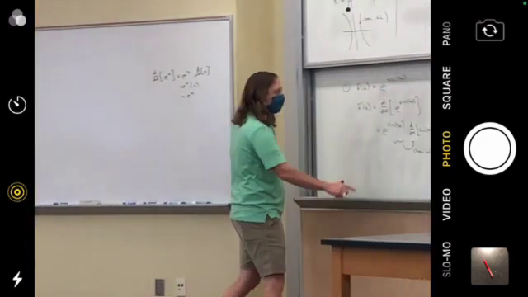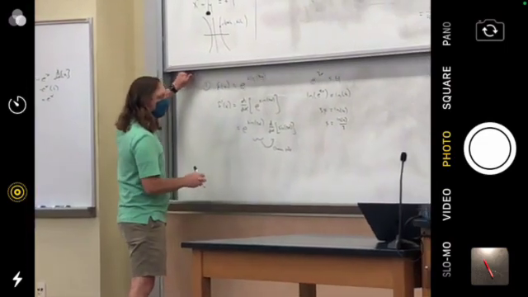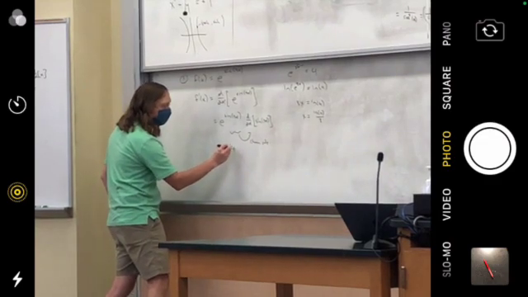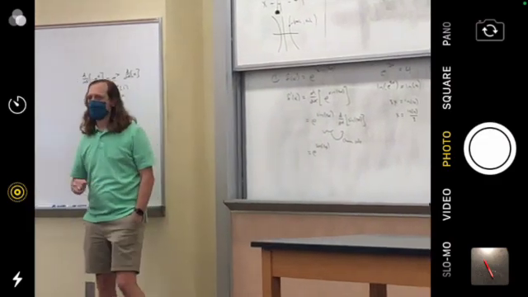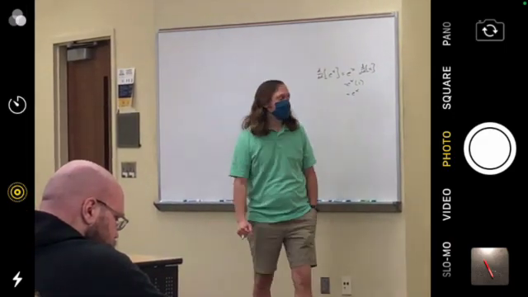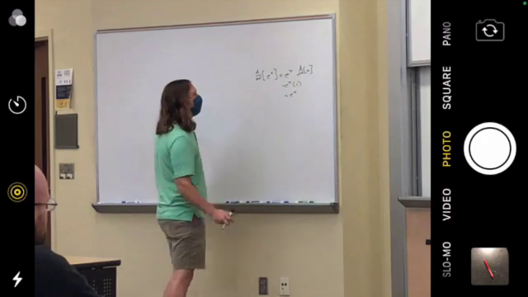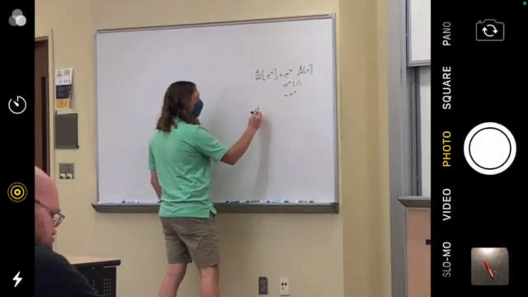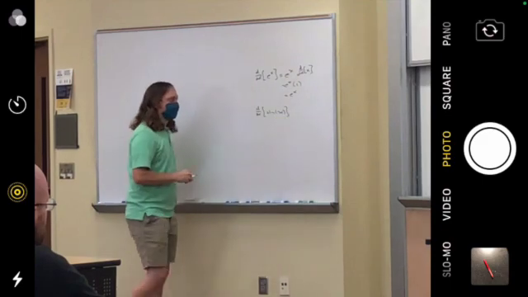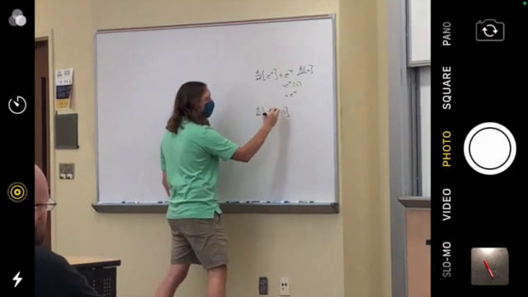Alright, so now we got this, now what? So this part I am completely finished with, right? It's never going to change, there's no more d/dx there. So now I need to know the derivative of sine of 3x. What's the derivative of sine of x?